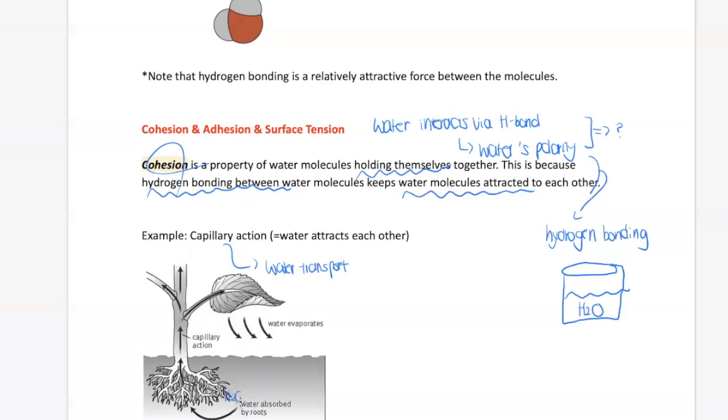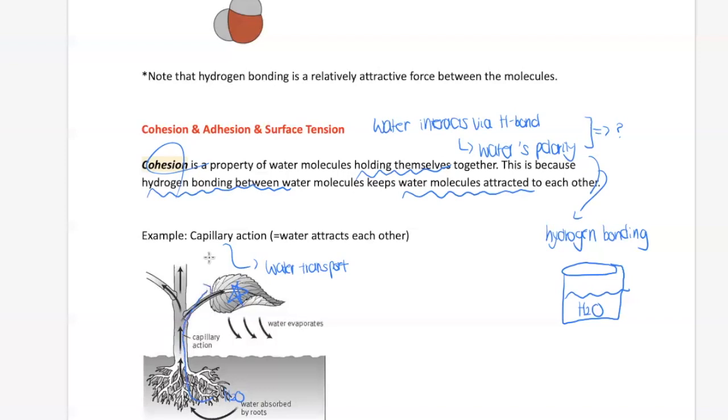So H2O is being absorbed from the root, H2O in the soil precisely. But you also recognize that this water has to be delivered to other parts. And it's quite interesting because in order to deliver these H2O molecules to other plant parts, let's say a leaf, the water has to travel upward.